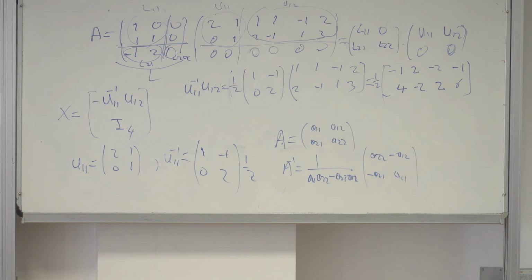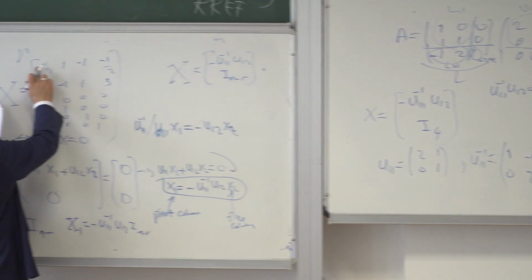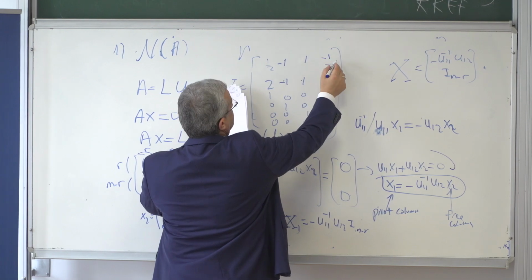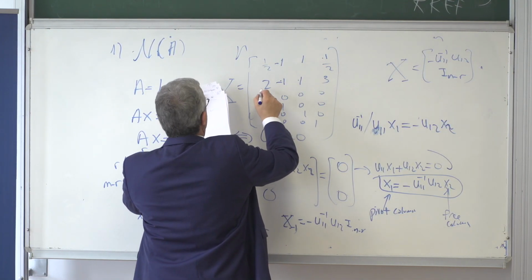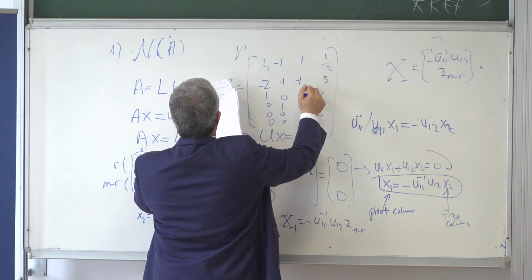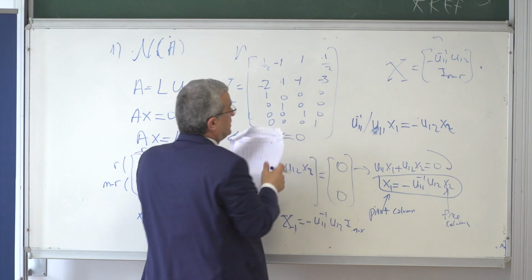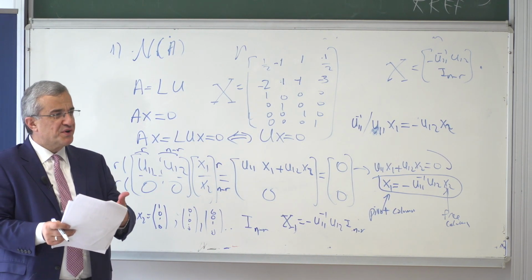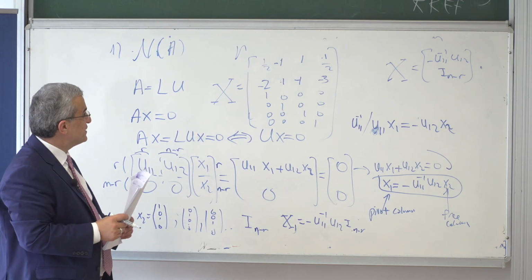X is minus U11 inverse U12, and this was I and minus R. So this minus, we ignored it. Okay, so this is 1/2 minus 1, 1. This is 1/2 minus 2, 1, minus 1, and minus 3. Okay, it's always better for me also to work it out beforehand so that you don't get lost here.